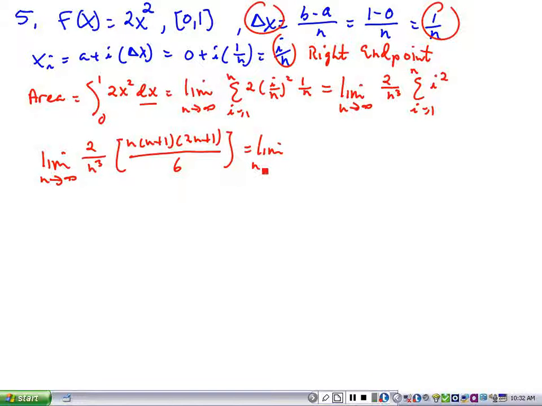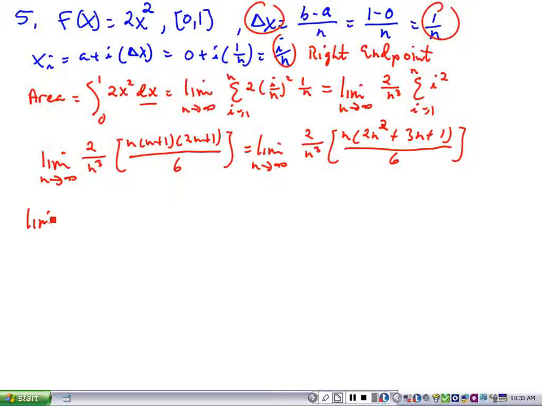This is the limit as n goes to infinity of 2 over n cubed. Now if you know something about big O, the biggest term in the numerator, you can quickly get the result. If you work it out, we have n times 2n squared plus 3n plus 1, all over 6.